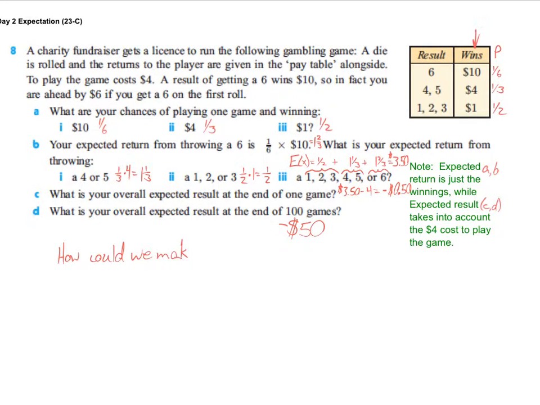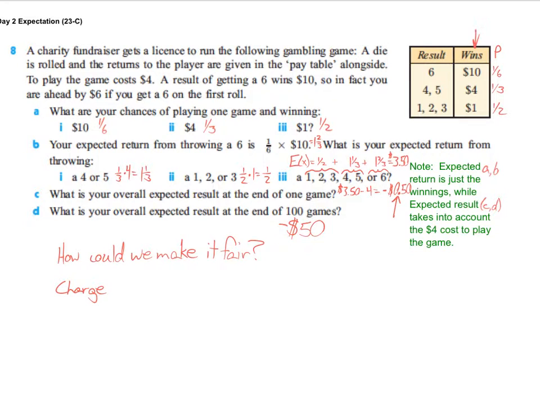And by fair, I mean this number here, we want to end up being 0. You say that the game costs $3.50. That's the easiest way to make it fair. Only charge people $3.50 to play.